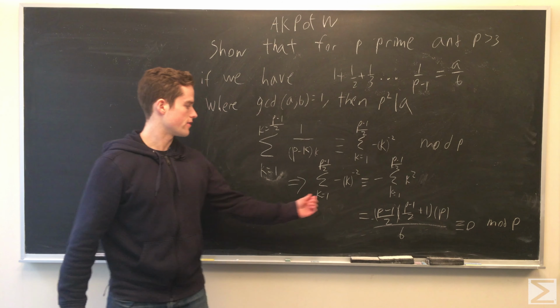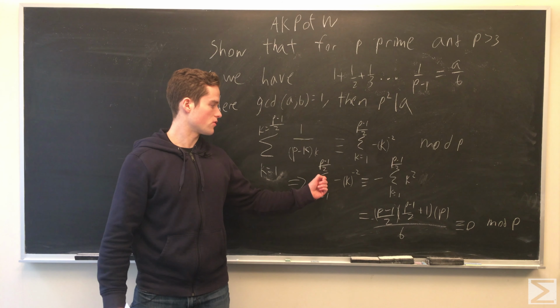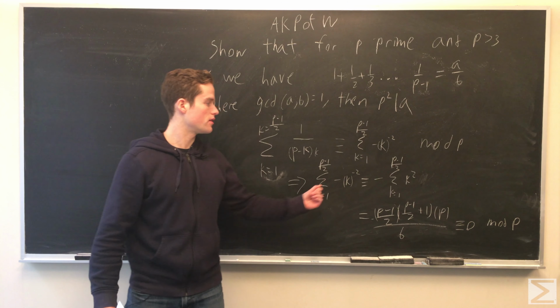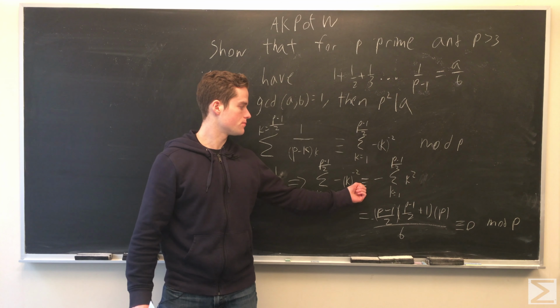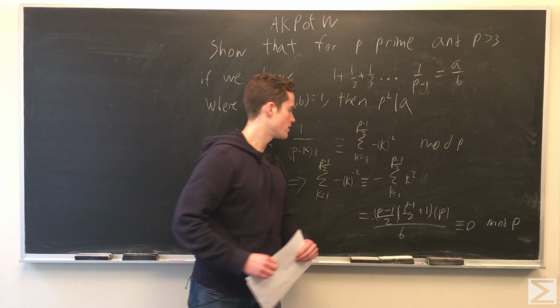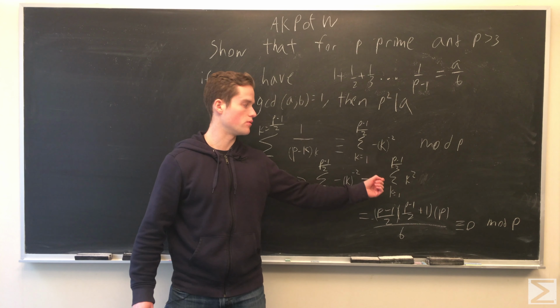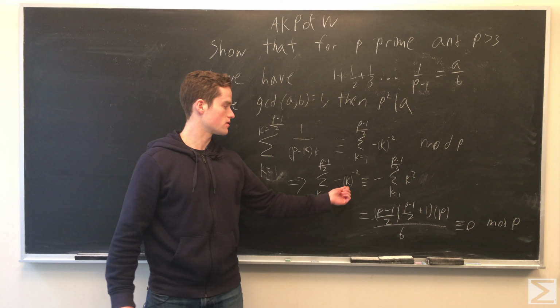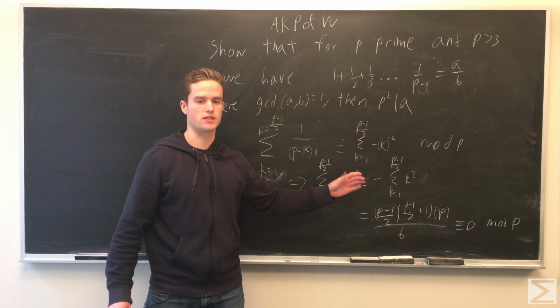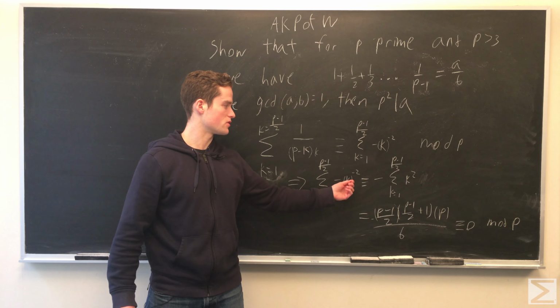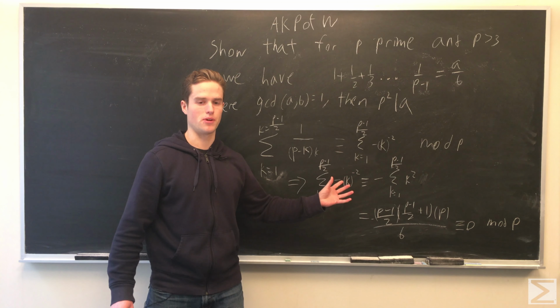So from this, we have that our sum from k equals 1 to p minus 1 over 2 of (minus k) to the minus 2 is really congruent to the sum from k equals 1 to p minus 1 over 2 of k squared, because this k to the minus 1 squared just takes all the possible squares.